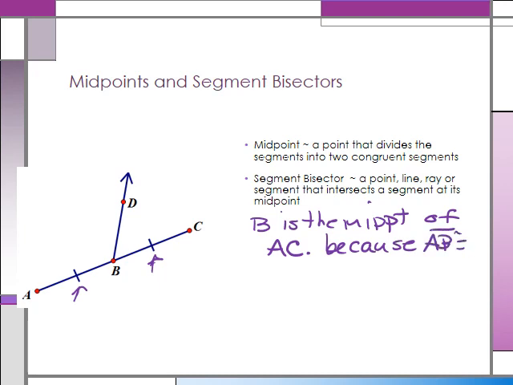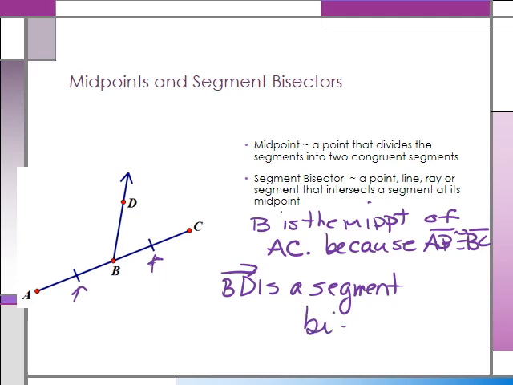Now a segment bisector can be a point, a line, a ray, or a segment that intersects a segment at its midpoint. So in this case, ray BD is a segment bisector, because B is the midpoint.